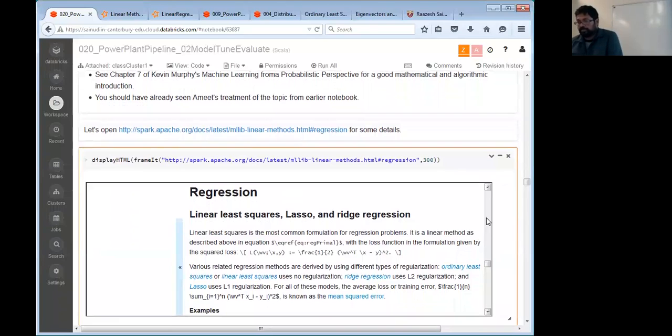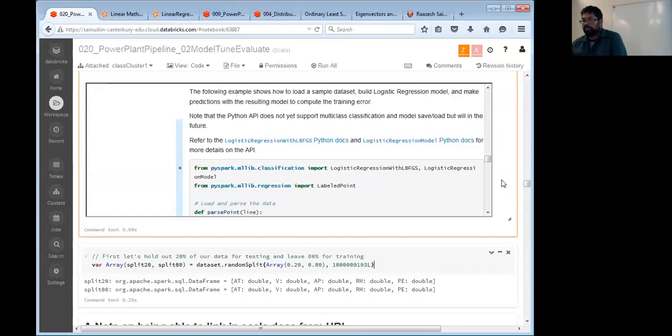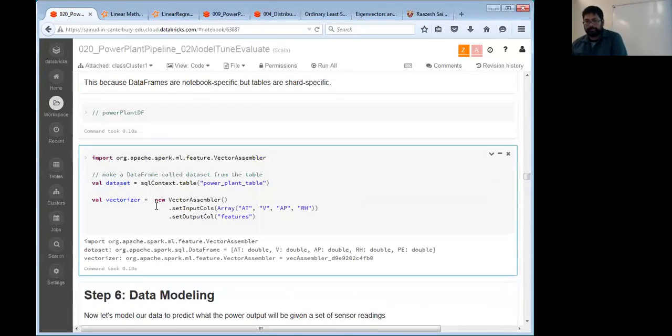Let me quickly show you what the pipeline thing is, because it's quite different from the other two books I mentioned from 2015, or also Amit's PySpark course from last year. The first thing we want to do is split the data into a training and test set. We made this thing called the data set here, which is just the SQL context table. Remember, the data set is nothing but a data frame from the table.